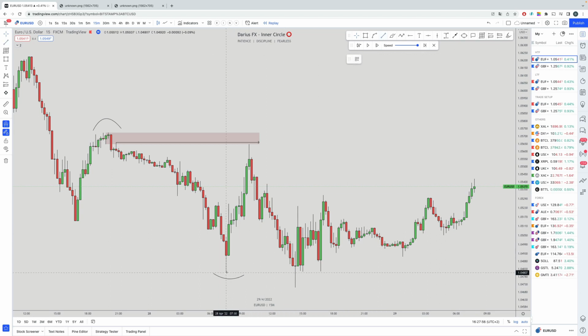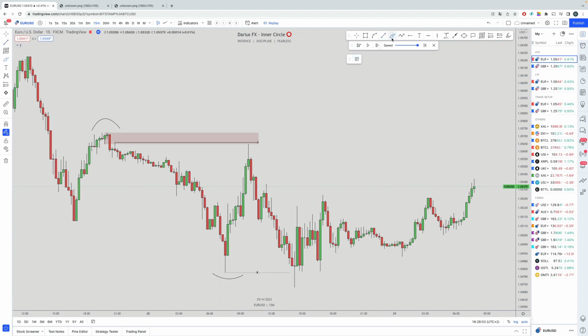Now here price only took liquidity, which shows us that price failed to go lower. So there was not enough volume to bring the price all the way back down, which makes this high here automatically a weak high.